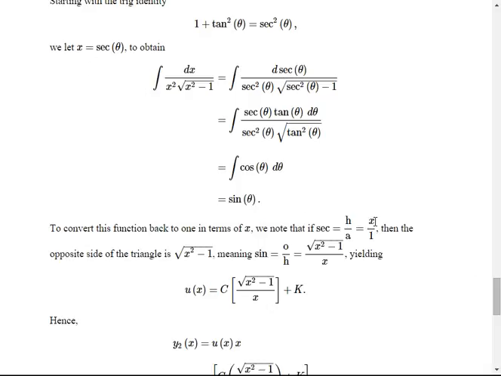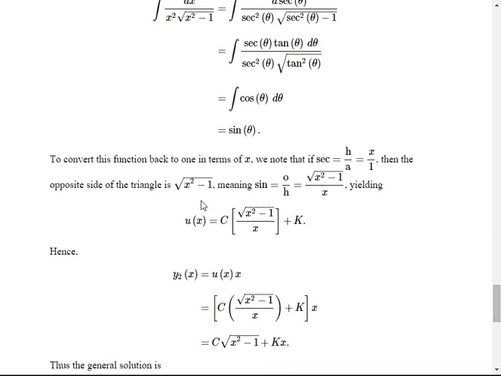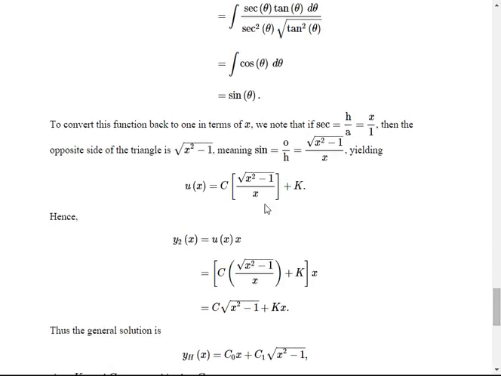So the hypotenuse is of length x and the adjacent side is of length 1, which means that the opposite side of the triangle, by the Pythagorean theorem, is equal to the square root of x squared minus 1, which means that sine of theta, which is equal to the opposite side over the hypotenuse, is equal to the square root of x squared minus 1 over x, which gives us this solution.